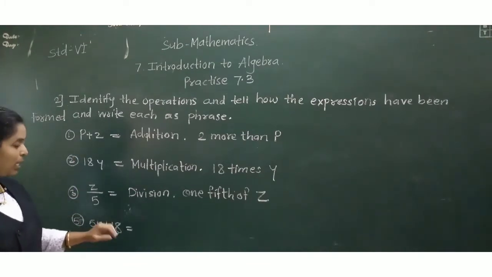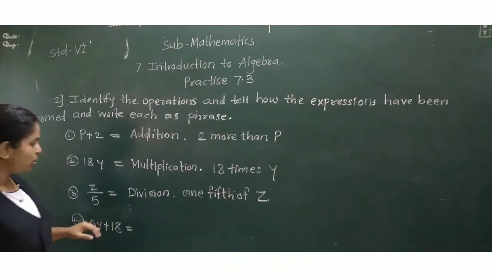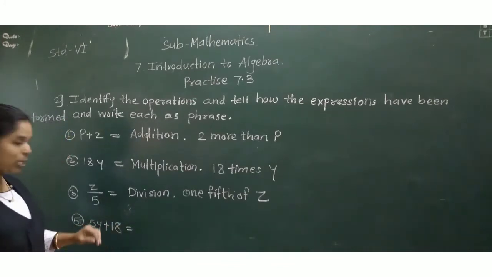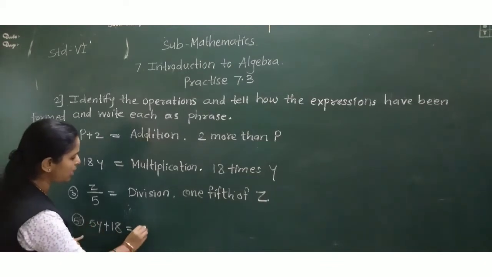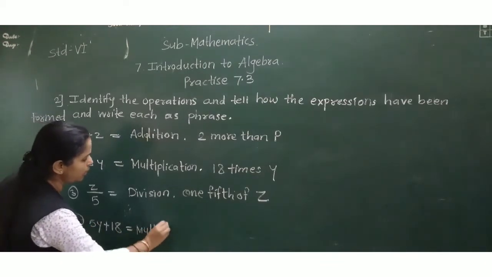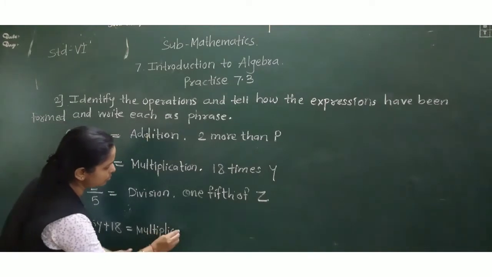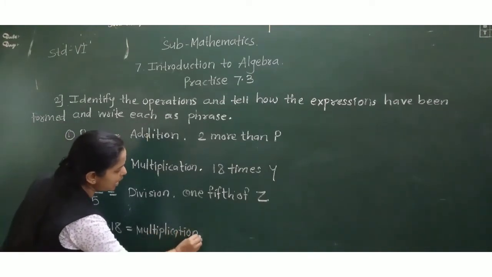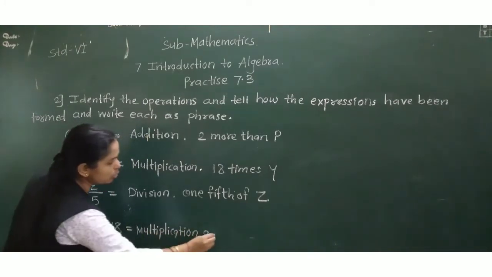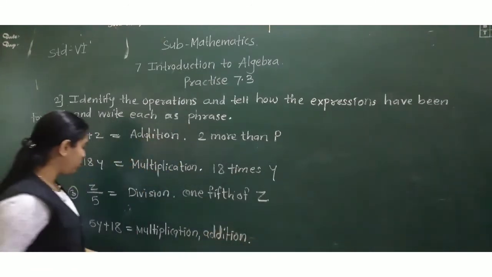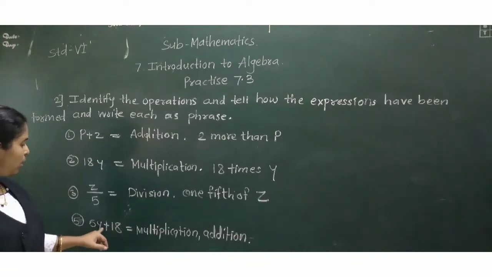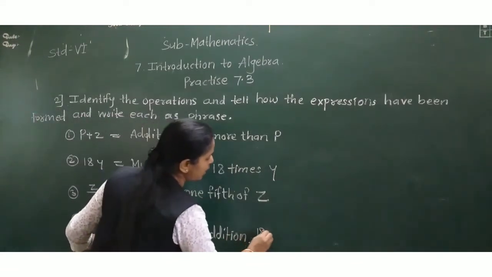Now see, 5y plus 18. Which operation is used here? Between 5 and y, multiplication is there, as well as addition. So 2 operations are there. Got it? Now, how to write it in the form of a phrase? 18 is added, no?